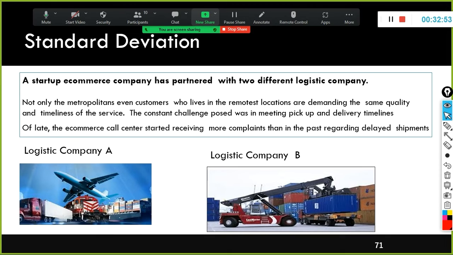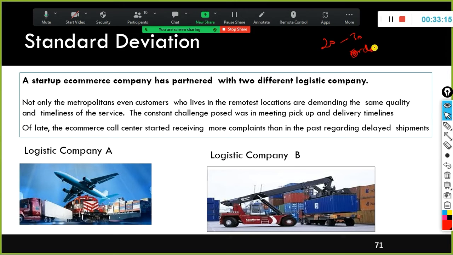Next, we will take a look at another application of standard deviation. Let's say you have a startup e-commerce company, and you started almost a year back. A year back, you were receiving on average 20 to 30 orders each month.